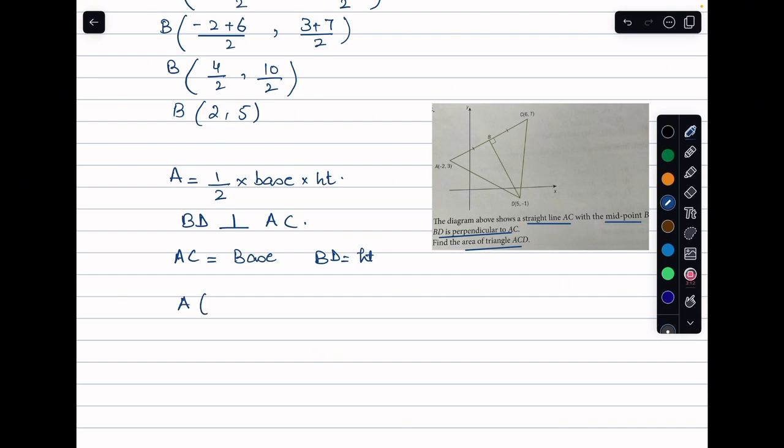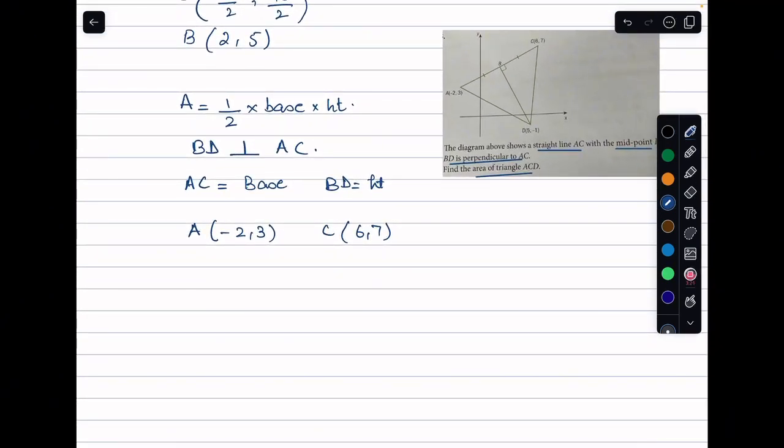To find the distance of AC, I have the A coordinates -2 and 3. I have the C coordinates 6 and 7. I know that the distance formula is AC equals under root XC minus XA the whole square plus YC minus YA the whole square.